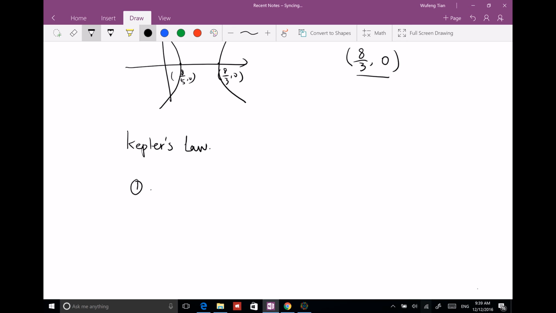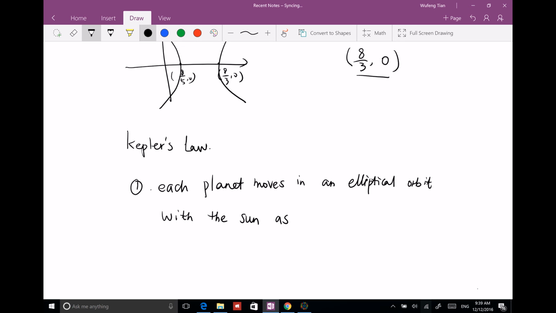So first, each planet moves in an elliptical orbit with the sun as a focus.